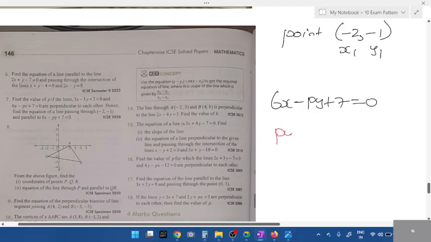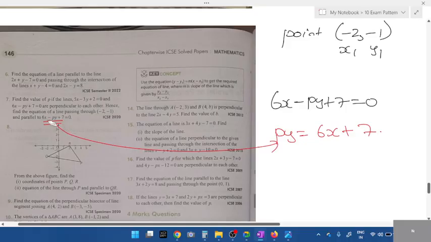If you convert this, you'll get Py is equal to 6x plus 7. No, no, not M2. See, wrong value. You are telling the wrong value. Ignore P, students. Forget P. What is this equation we have to take?